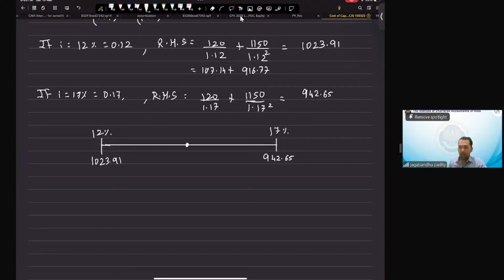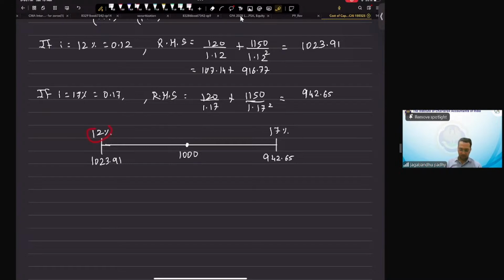Then tell me, can I say for a value of 1000, we will need some percentage to be derived over here? So where do you say that the cost of capital is lying?